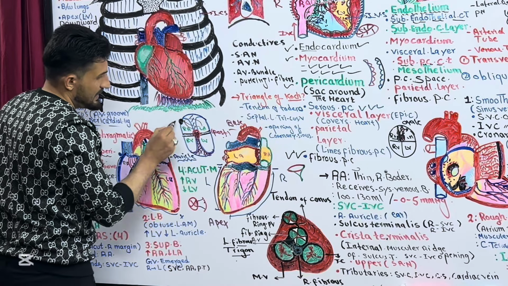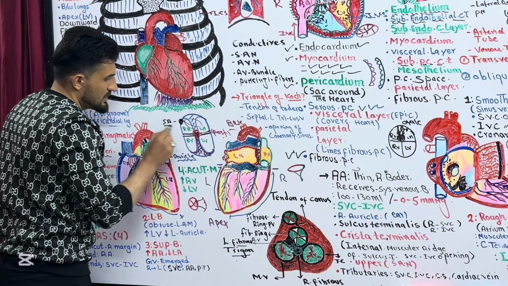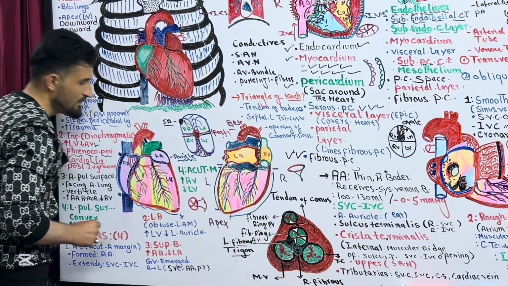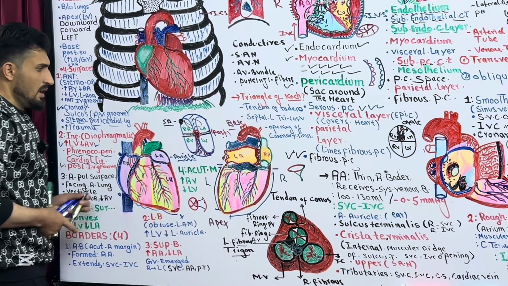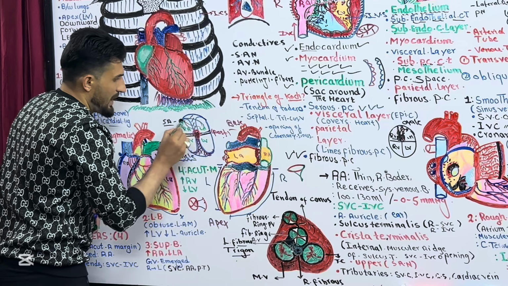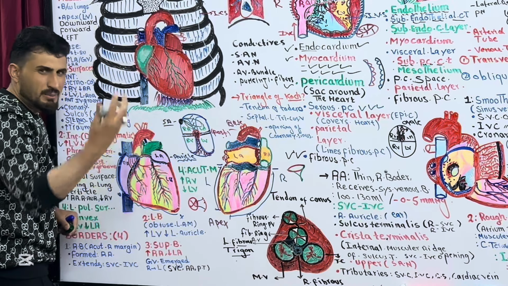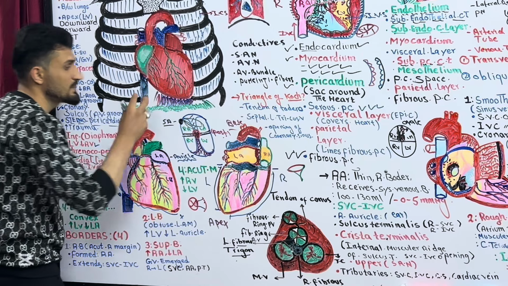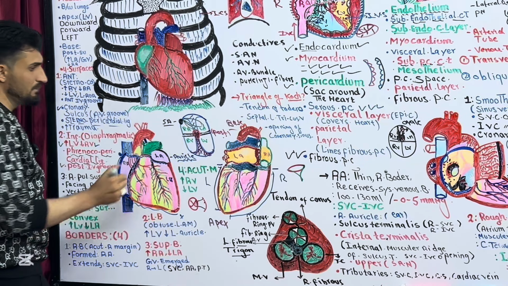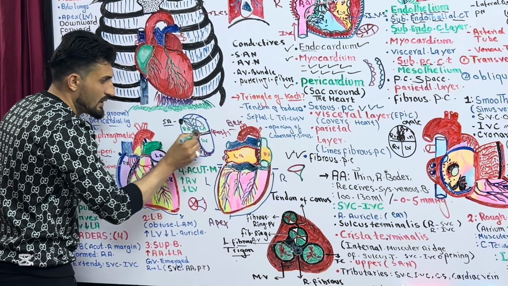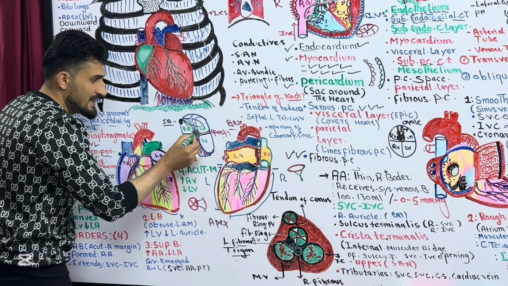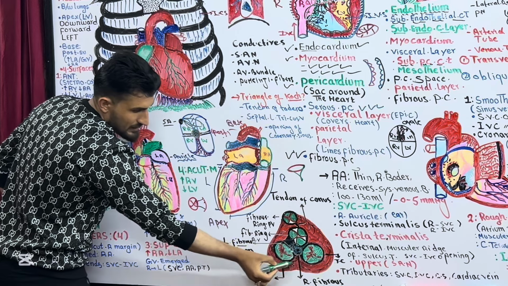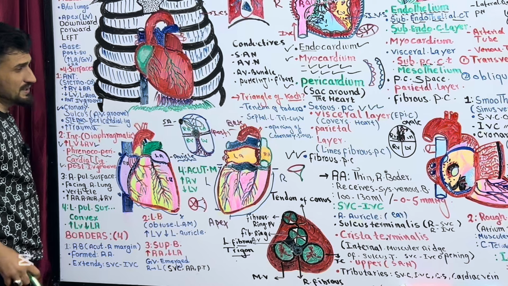We'll talk about it in a future lecture. This is the location of the AV node. These are internodal pathways, and these are specialized myocardium. They're not other types of tissue. This AV node is located here in this right fibrous trigone.